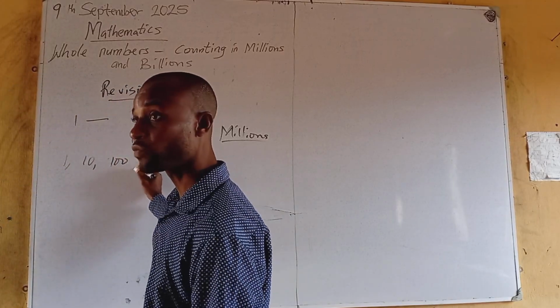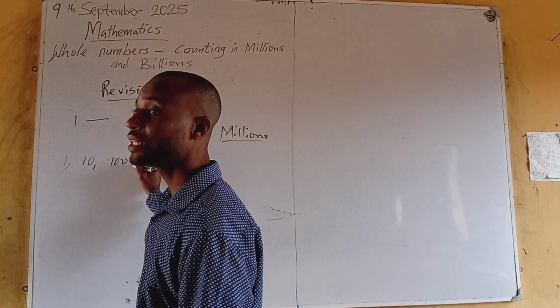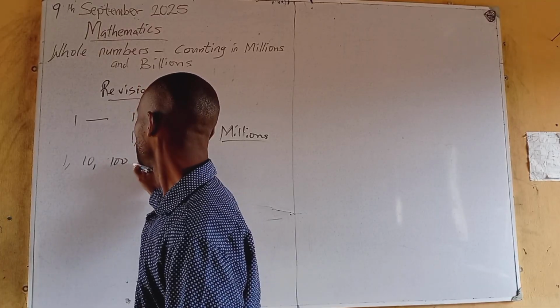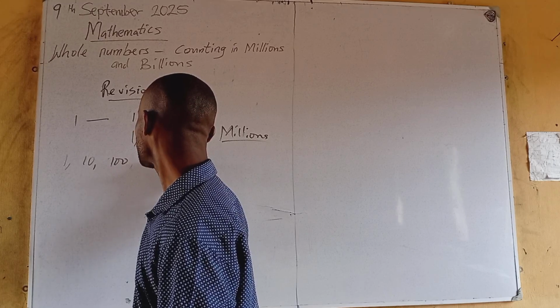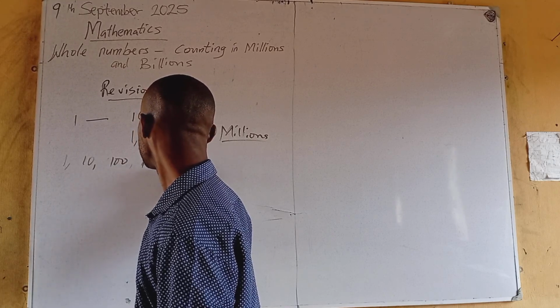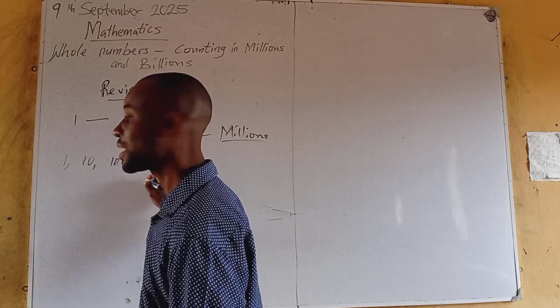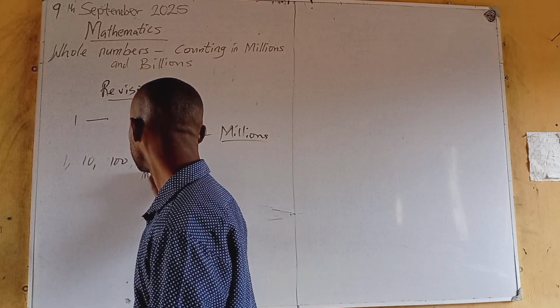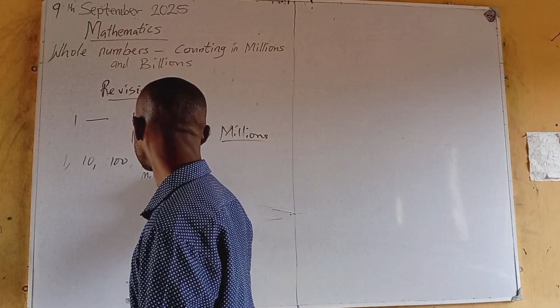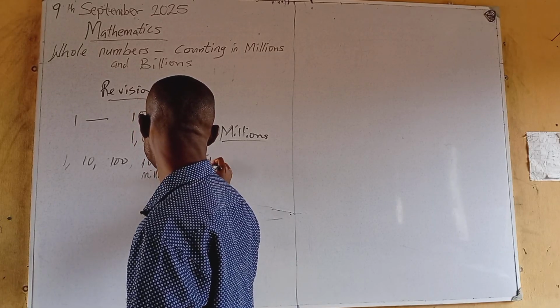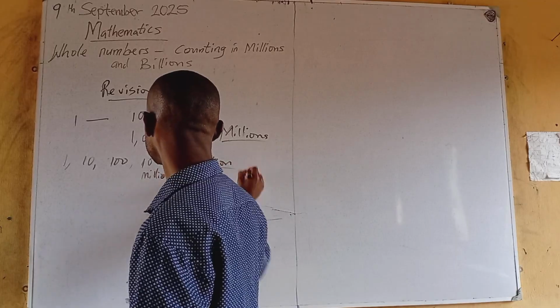When you reach 999 million, then the thousands of million gives you 1 billion. 1,000 millions gives you what? 1 billion. So that's how it is.